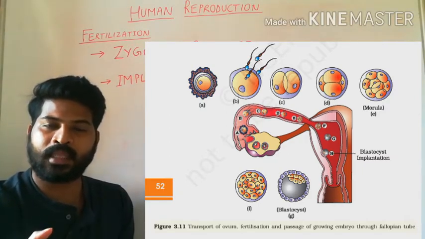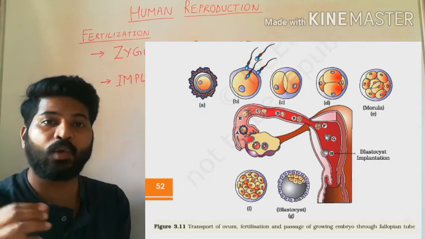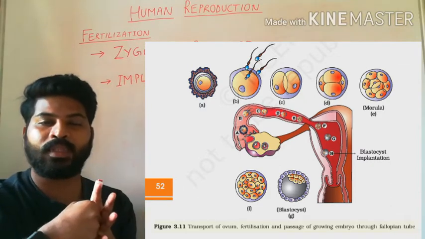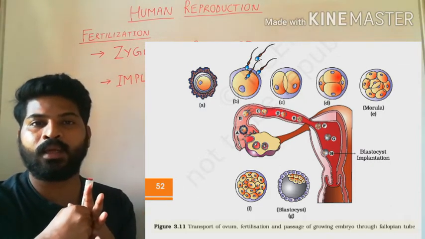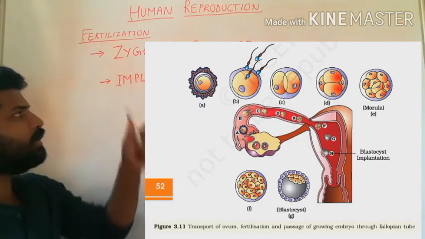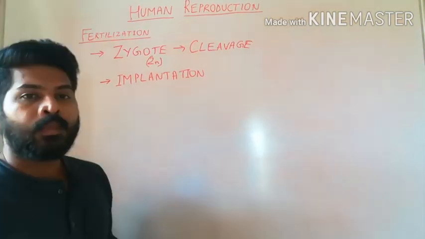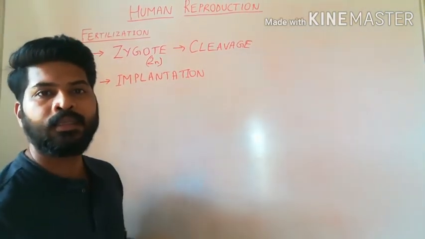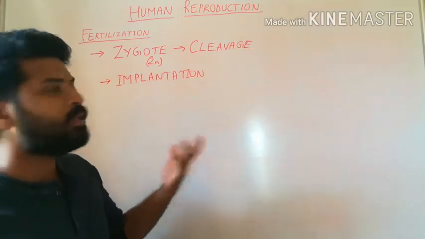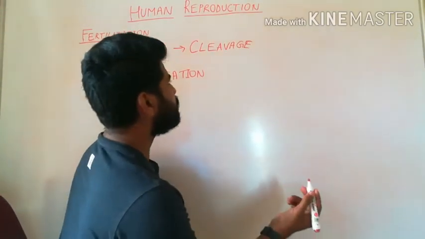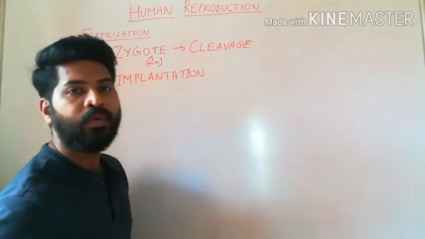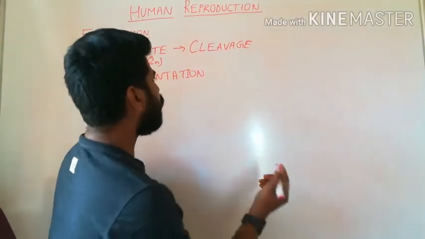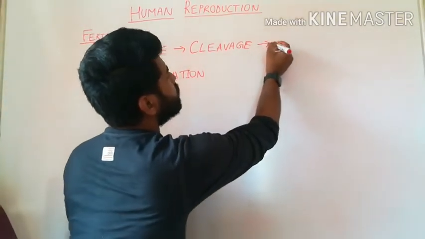So we can say that the blastocyst is now embedded within the endometrium layer, which is called implantation. The cells present in the morula or in the blastocyst, which are produced as a result of cleavage divisions, are called blastomeres.